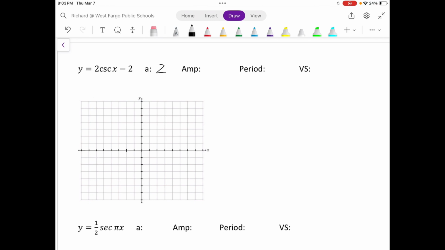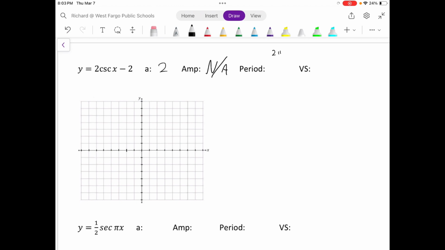Our a is 2. Our amplitude will not exist only because amplitude is exclusive to sine and cosine. So with cosecant and down here secant, we can completely ignore the amplitude.